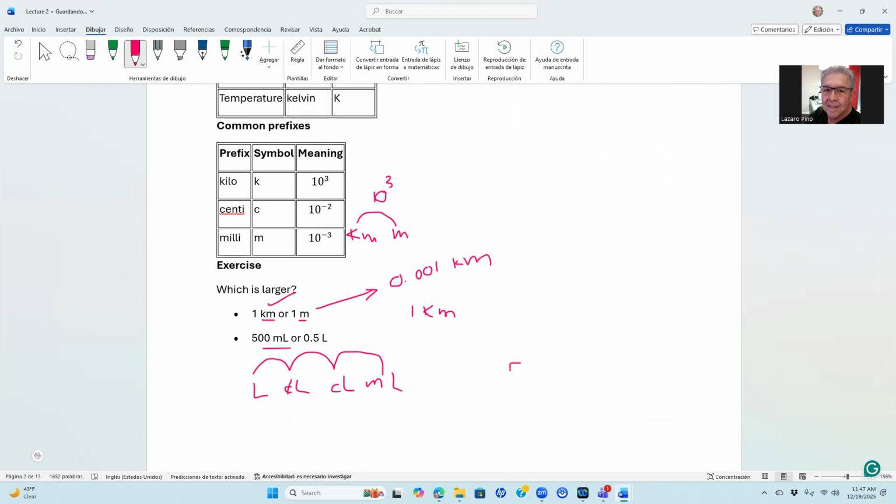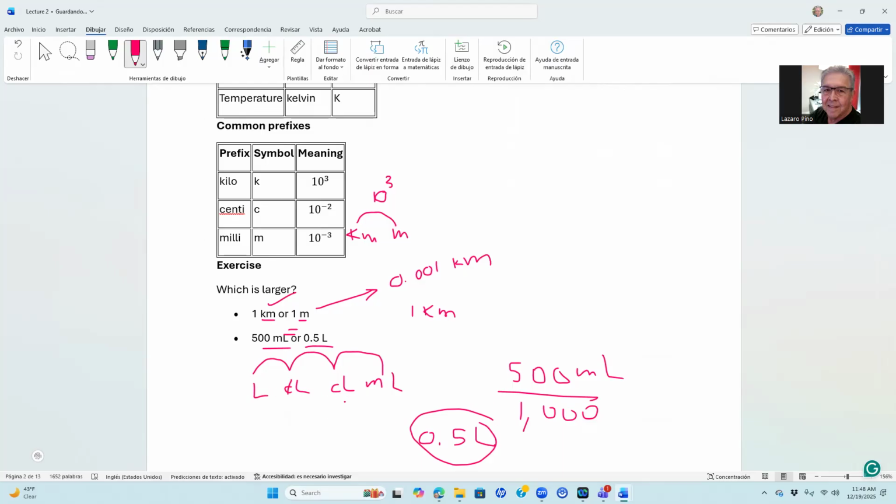Then 500 milliliters divided by 1,000 is equal to 0.5 liter. In this case, you can see that 500 milliliters is equal to 0.5 liter. Then they are equal.